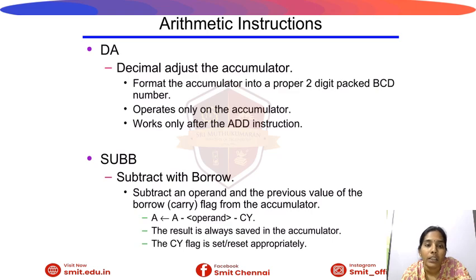Next is decimal adjust the accumulator. It's represented as DA. It formats the accumulator into a proper 2-digit packed BCD number. We can use the instruction DA. The next instruction is SUBB. You can use this for subtraction with borrow.